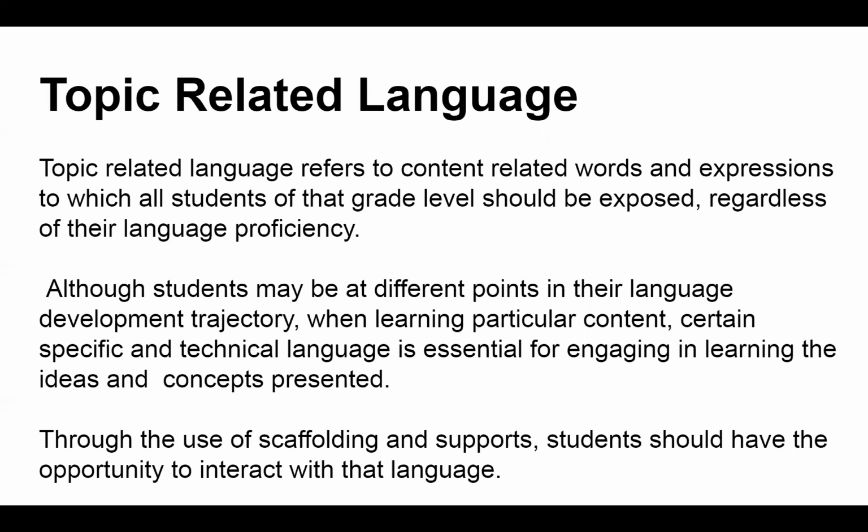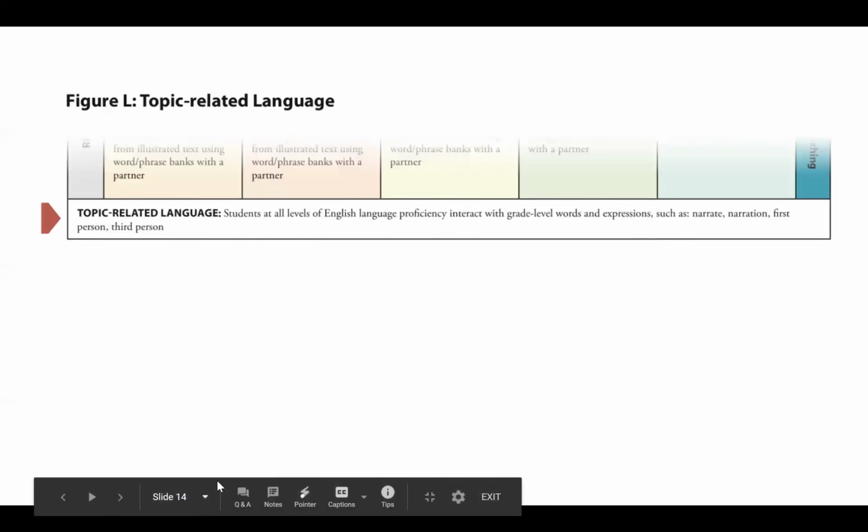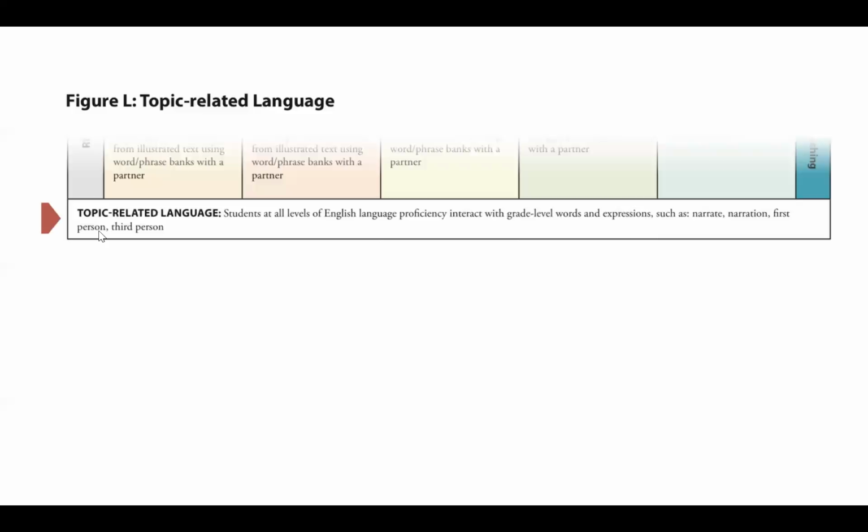Through the use of scaffolding and supports, students should have the opportunity to interact with that language. In this slide, we can see the topic-related language is that students at all levels of English language proficiency will interact with grade level words and expressions such as narrate, narration, first person, third person.